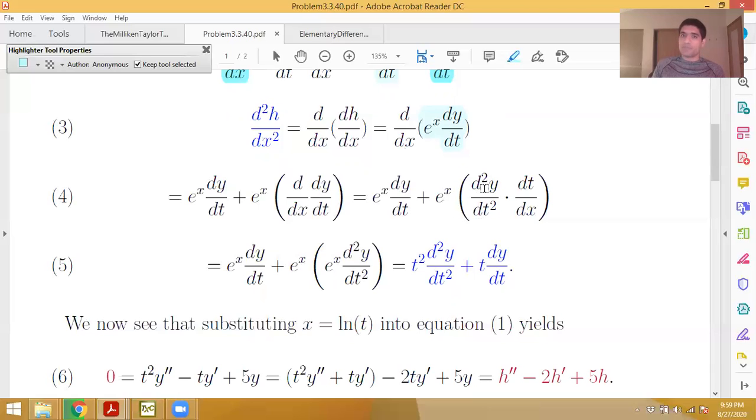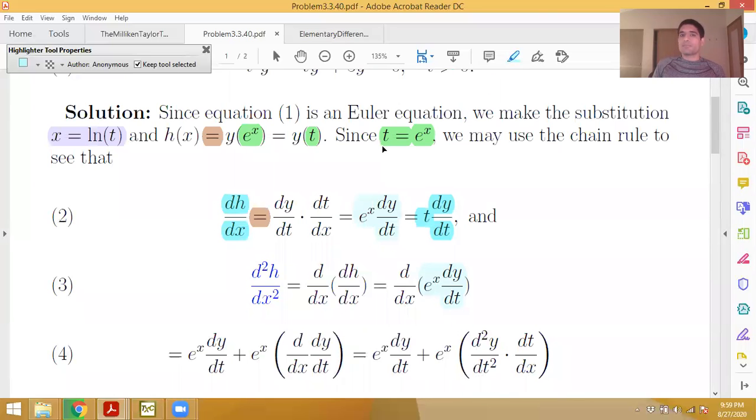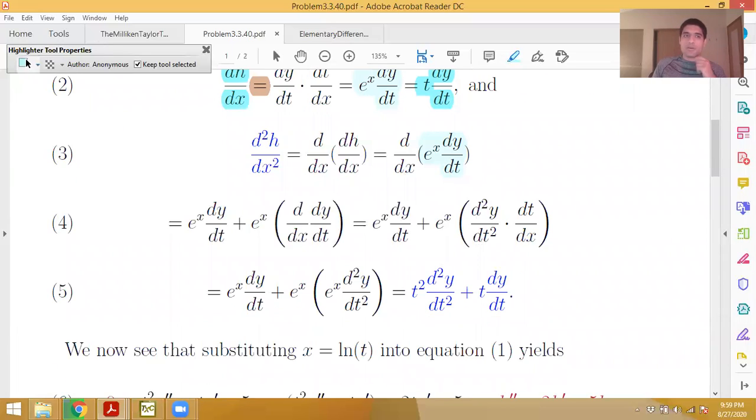So I leave that untouched. dt dx, if we remember, t is e to the x, so dt dx is e to the x. And that's where this other e to the x comes from. This is corresponding to that.